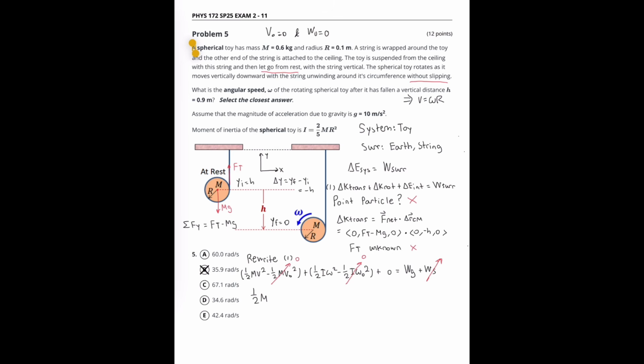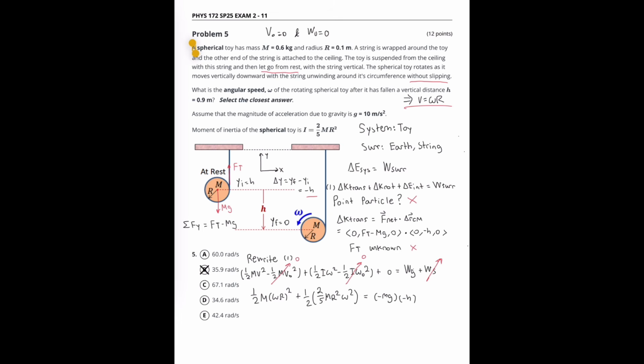This will indicate to us that V is equal to omega r. So we have 1/2 m times omega r squared for our translational kinetic energy, plus 1/2 times the inertia, which they give to us as 2/5 m r squared, times omega squared, is equal to our work done by gravity. So our F net due to gravity is minus mg acting in the y direction, times our delta y, which we calculated earlier, seen here, to be negative h.